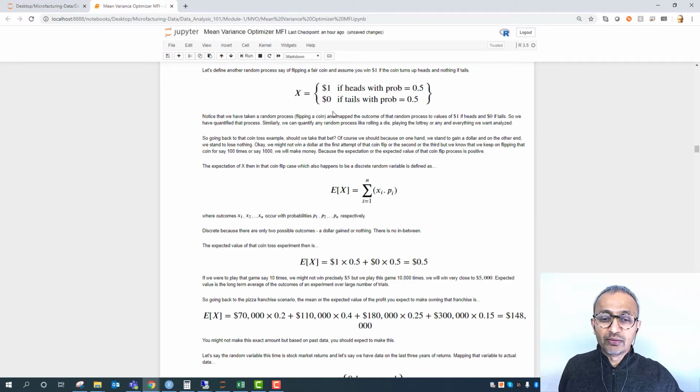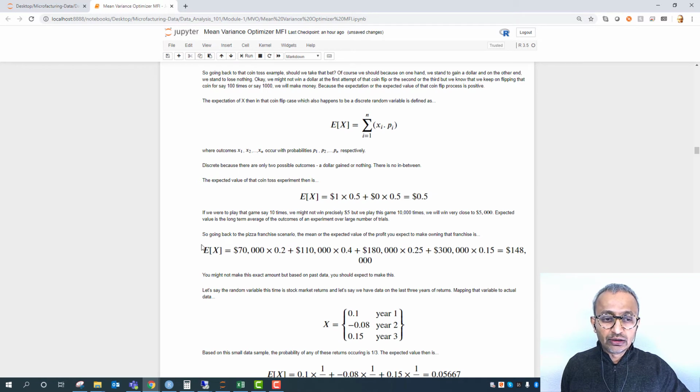You add all of them up, and that's what you get, right? So the expected value of that coin toss experiment one time is 1 times 0.5 plus 0 times 0.5, which is 0.5, right?